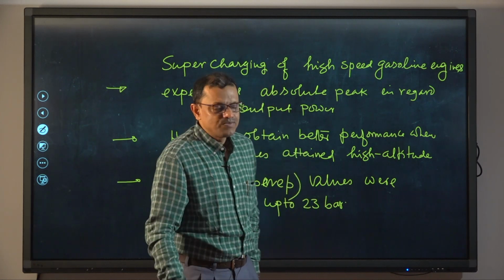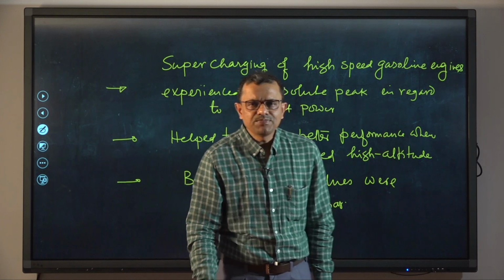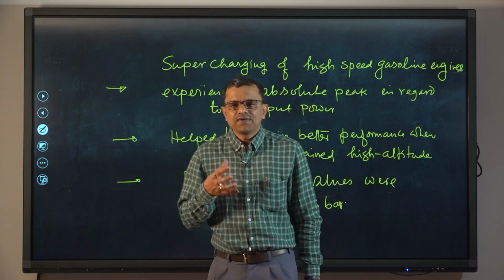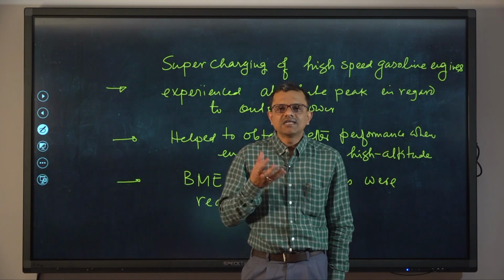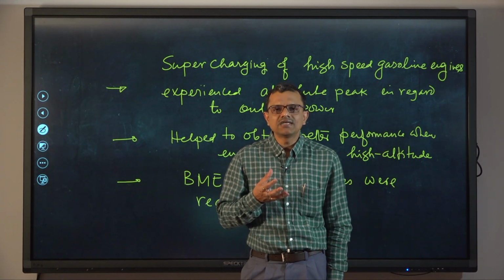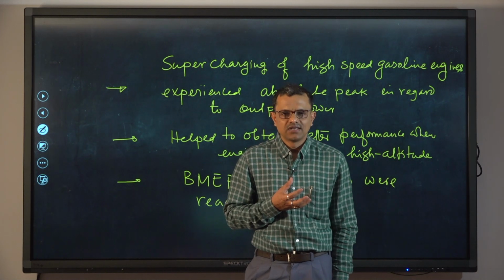And we know that if a larger amount of fuel can be burnt, indicated power output will be more. So, indicated power output is directly proportional to the mass of air consumption.